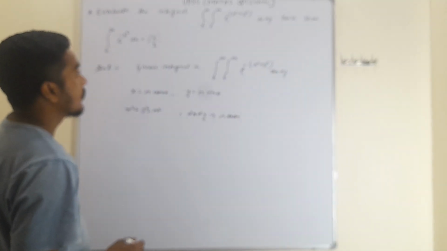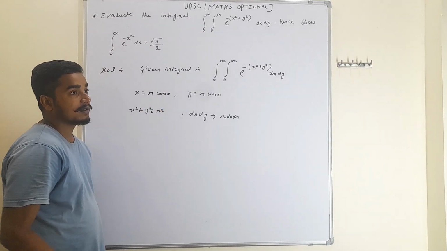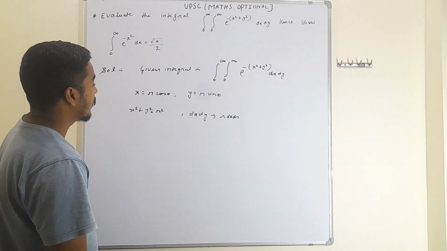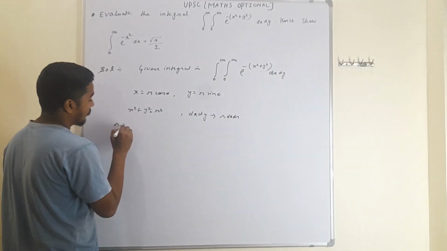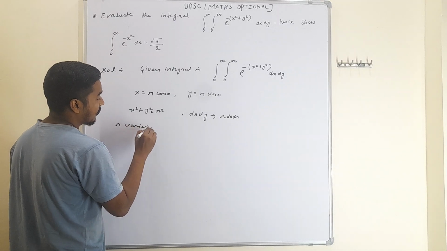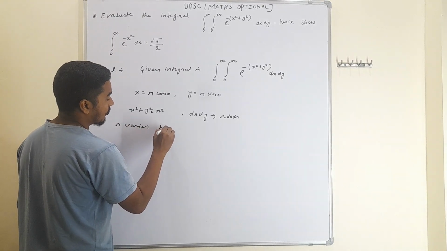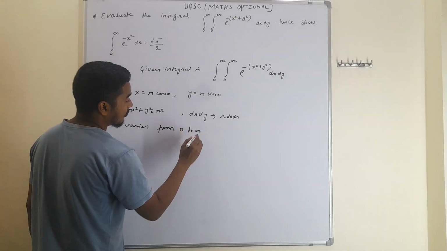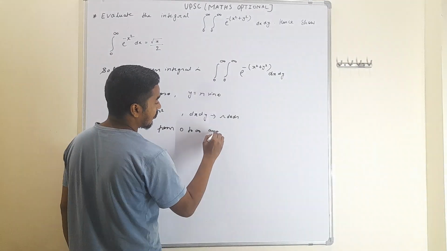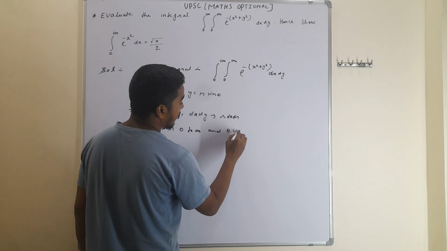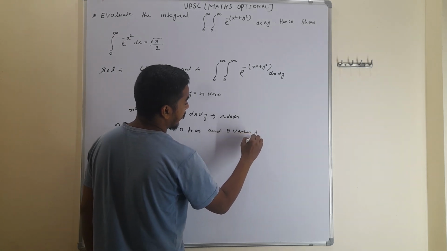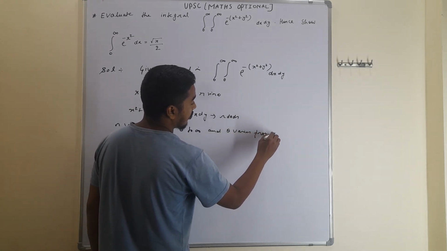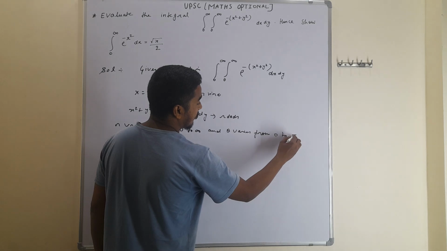The region of integration is the first quadrant, so r varies from 0 to infinity and theta varies from 0 to pi by 2.